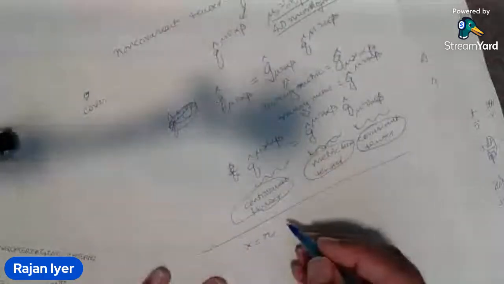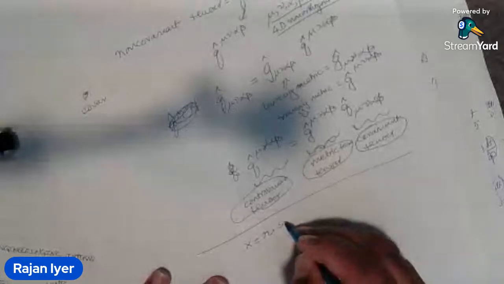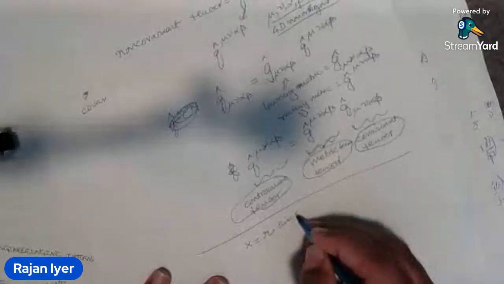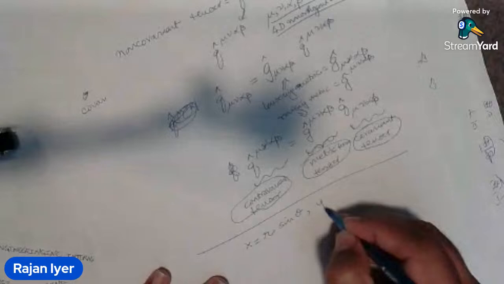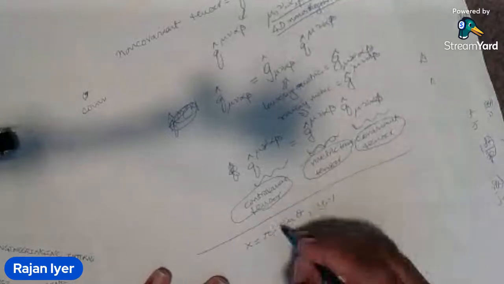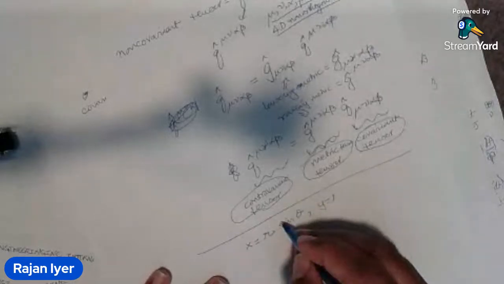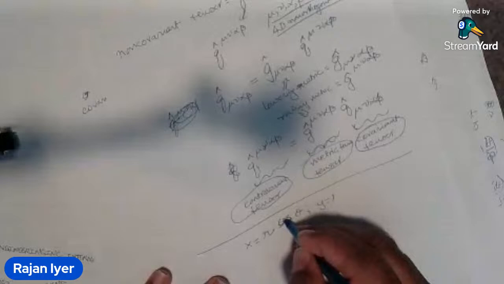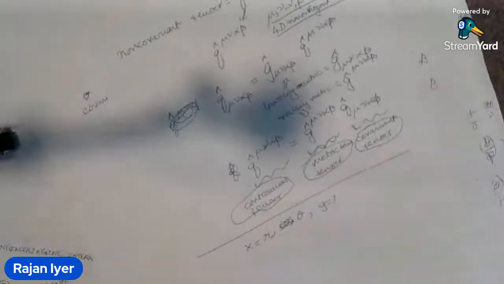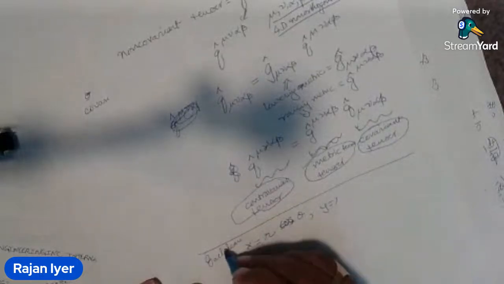So x now is r sine theta, and y is r cos theta, right? And that's the Cartesian, Euclidean rotational coordinate.